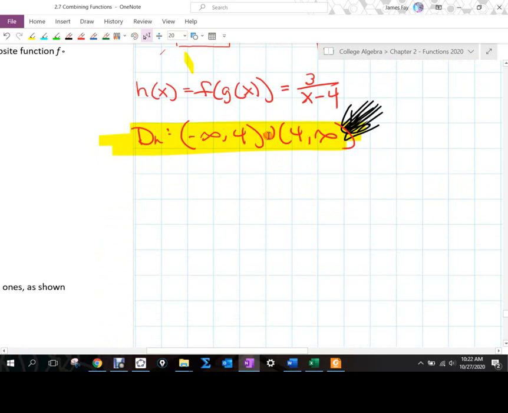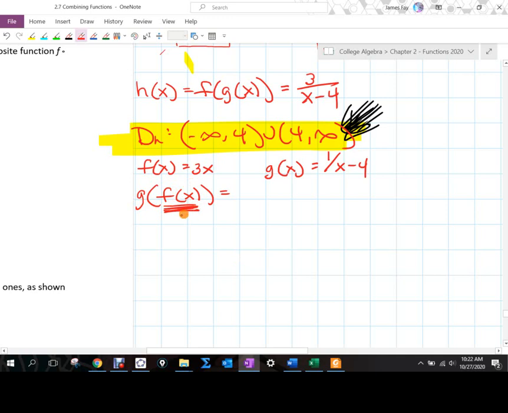Okay, so let's look at what g of f of x would look like. Again, f of x was 3x, and g of x was 1 over x minus 4. Now the domain of this new function is going to first start with that domain, right? The domain of f of x was all real numbers, correct?